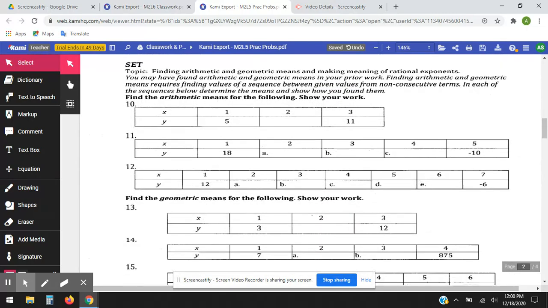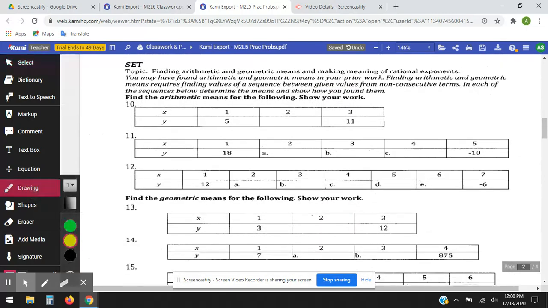Next page, you're filling in. I'm not going to walk through all these because this should be review. Just keep in mind this one is arithmetic, so you're going to subtract, then divide.